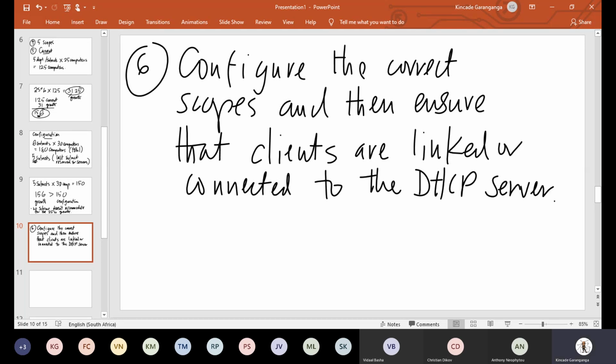So there actually has to be a link between these entities, because if there's no link, then it obviously means that your clients cannot get that service.